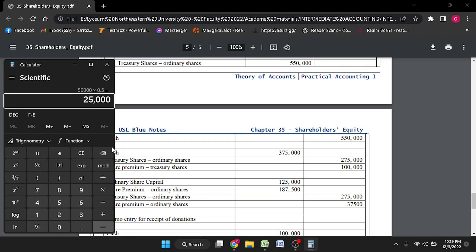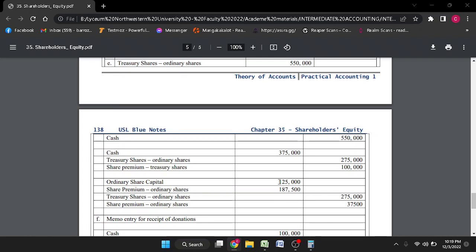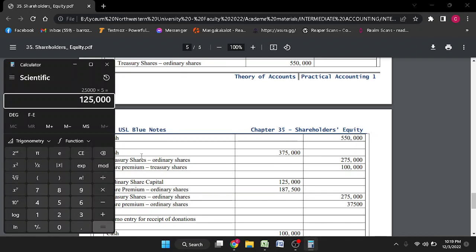It's 25,000 shares, issued at 12.5 minus the par value. My 25,000 shares were retired. So the par value of that is 125 here. Okay, 125. Okay, then it was issued for 1250.